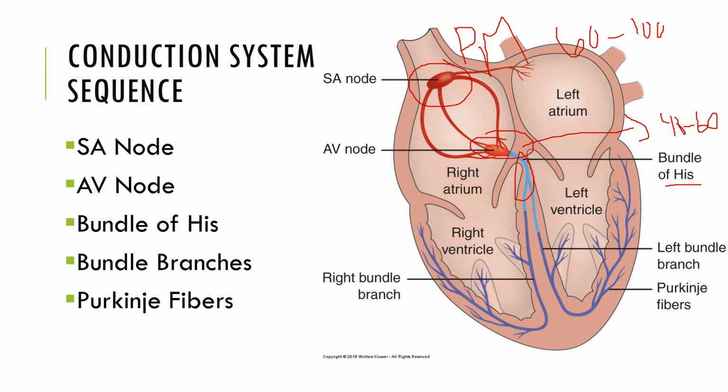These branches go around the ventricles. And then you have your Purkinje fibers. These are finger-like projections. These keep the heart rate between 20 and 40. So when the heart rate gets this low, this is when patients wind up having to have a pacemaker.